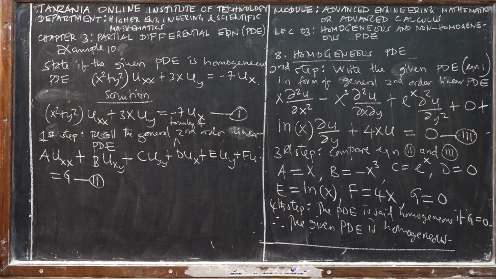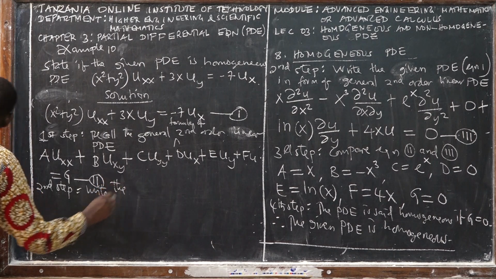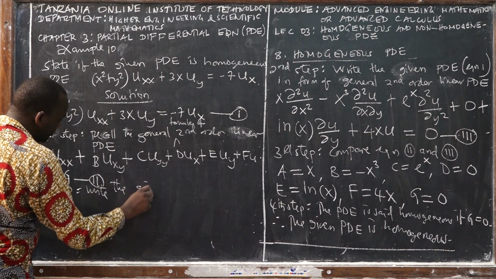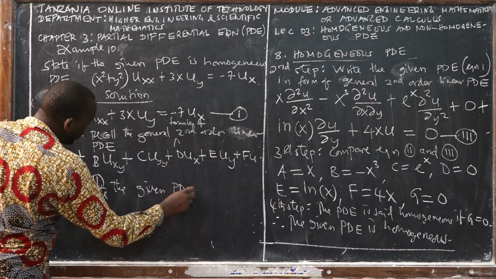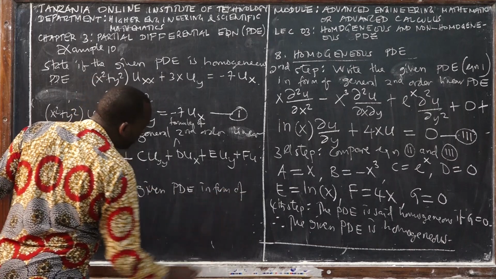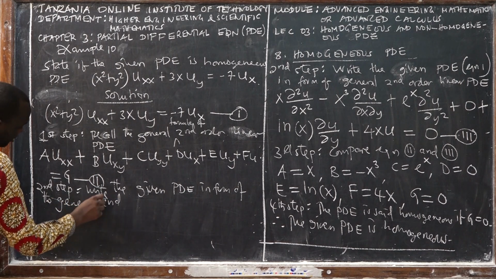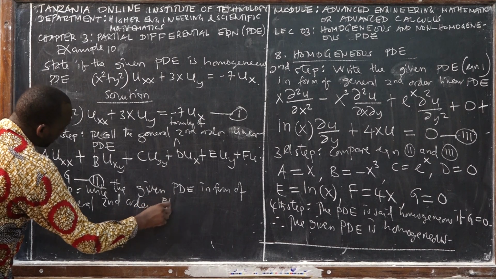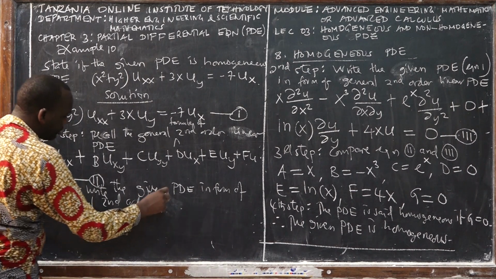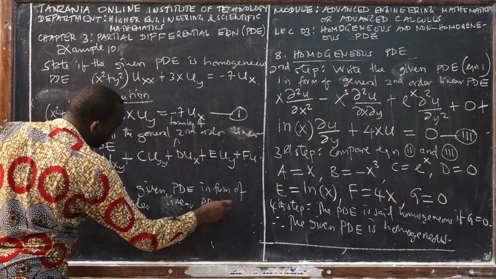Okay? The second step after that, we say that let us write the given partial differential equation in the form of the general second order linear partial differential equation.